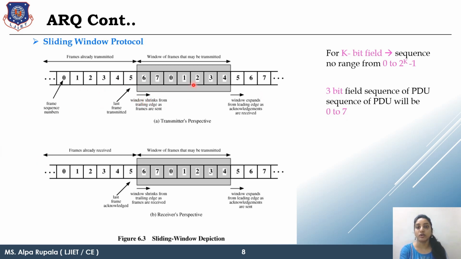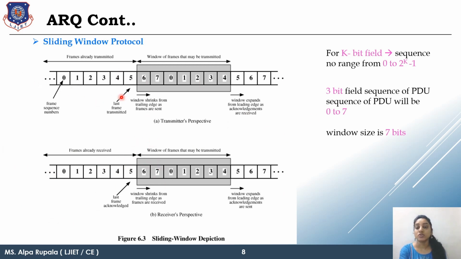Okay, so look over here. In the sliding window protocol, we have the same window size at both the receiver side and the transmitter side. For our example, the window size is 7. So we have just laid out one particular PDU sequence range, that is 0, 1, 2, 3, 4, 5, 6, 7, then again 0 through 7, and again 0 through 7. The same window is established at the receiver side.